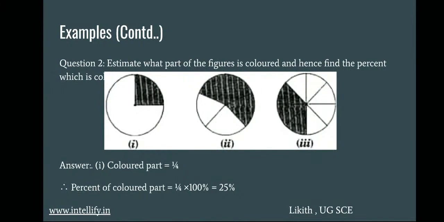If we divide the fraction 1 by 4, you get a decimal, right? So 1 by 4 in decimal is 0.25. So 0.25 into 100 is 25%.